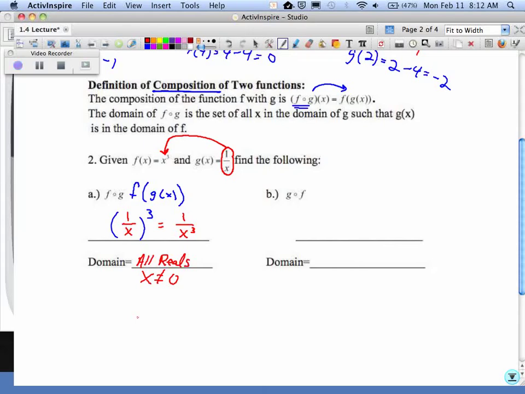Going in the other direction, G composition F. So this time it's saying take your F of X and you're going to drop it into function G. I should do it this way.